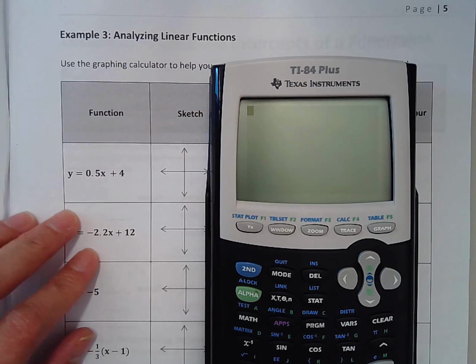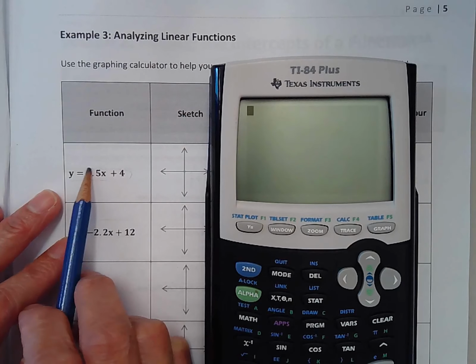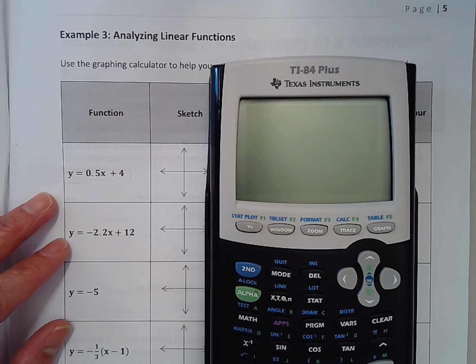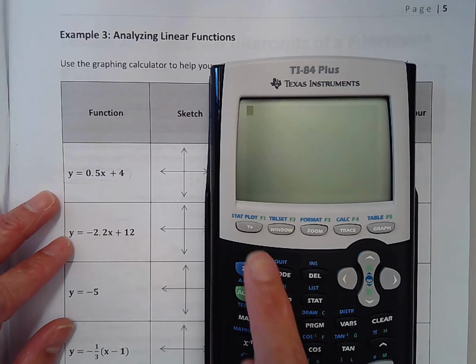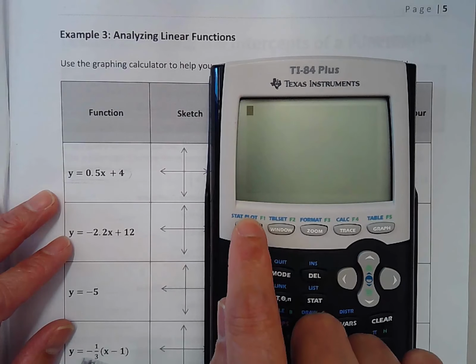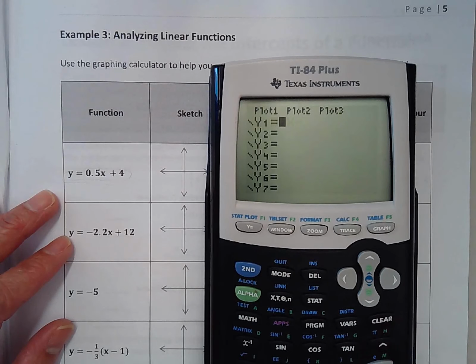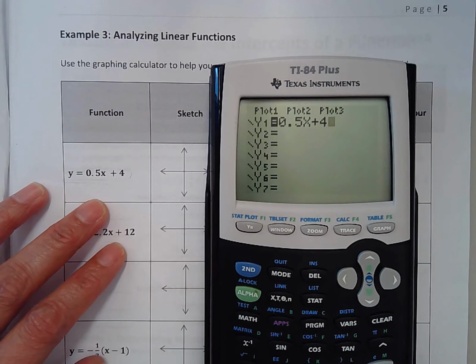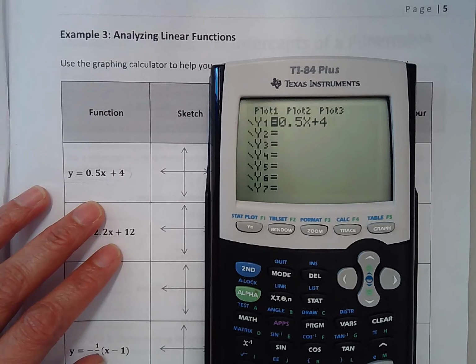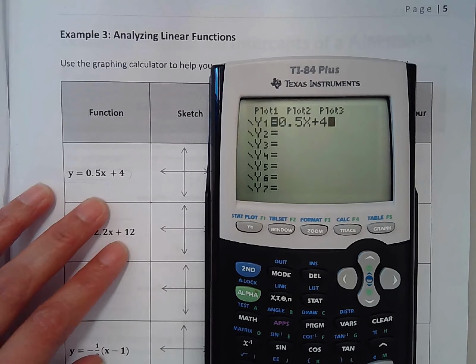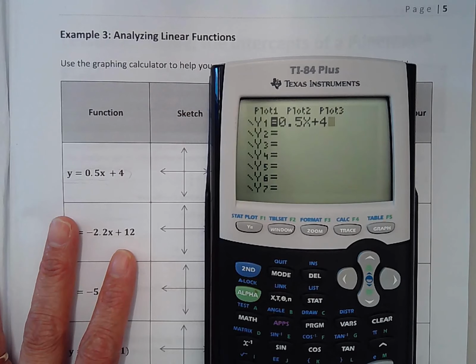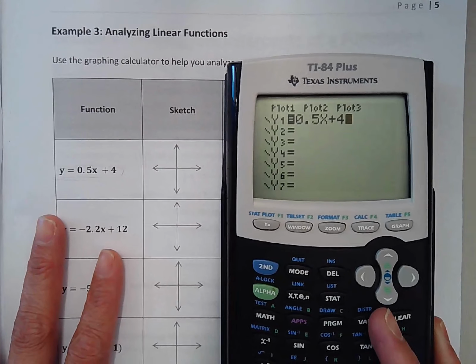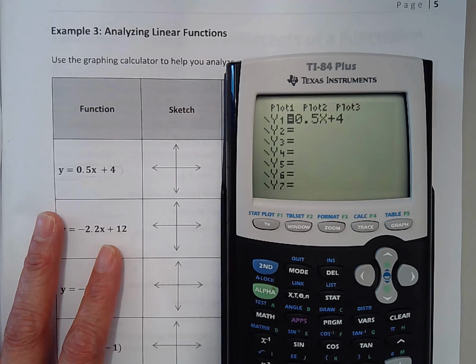On our graphing calculator, let's enter this linear function. Okay, so we have 0.5x plus 4.